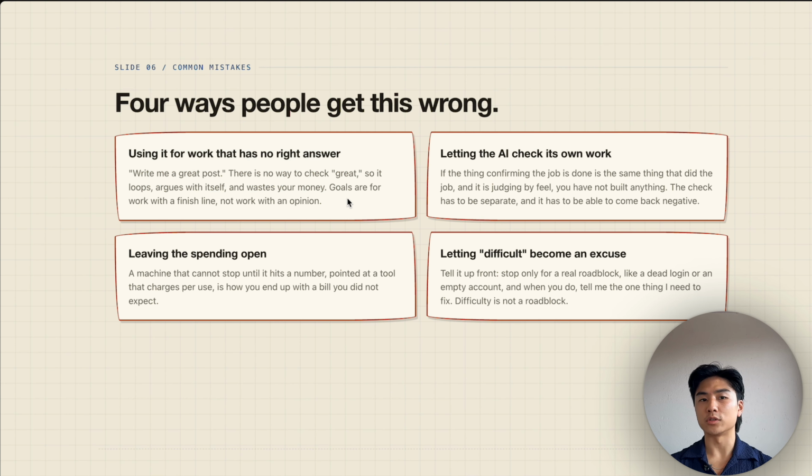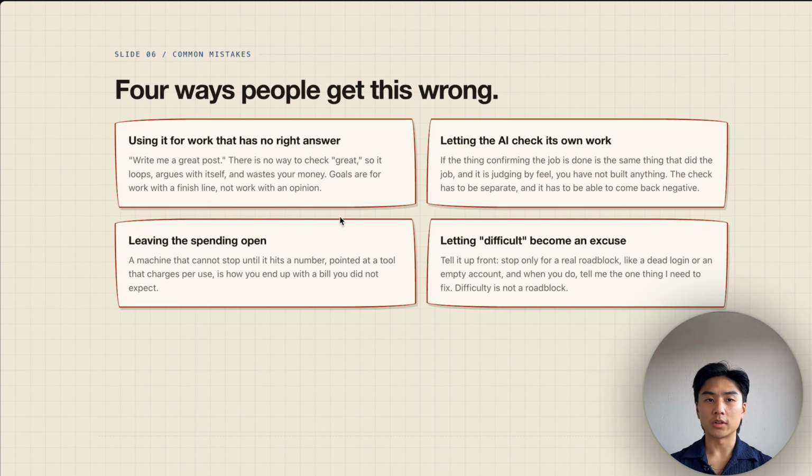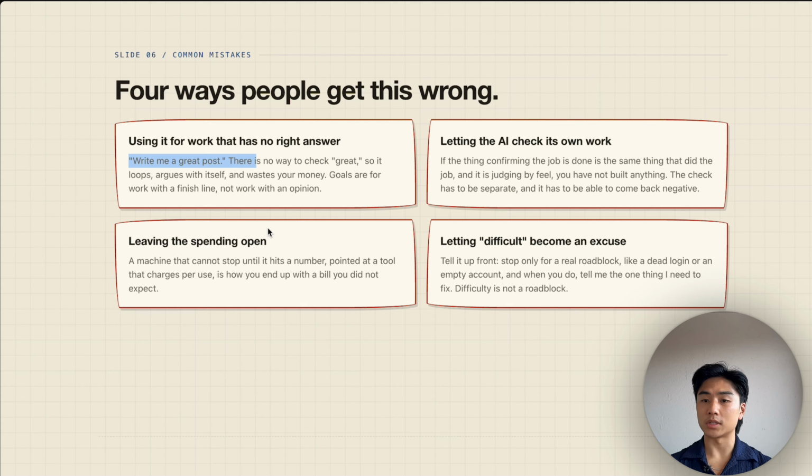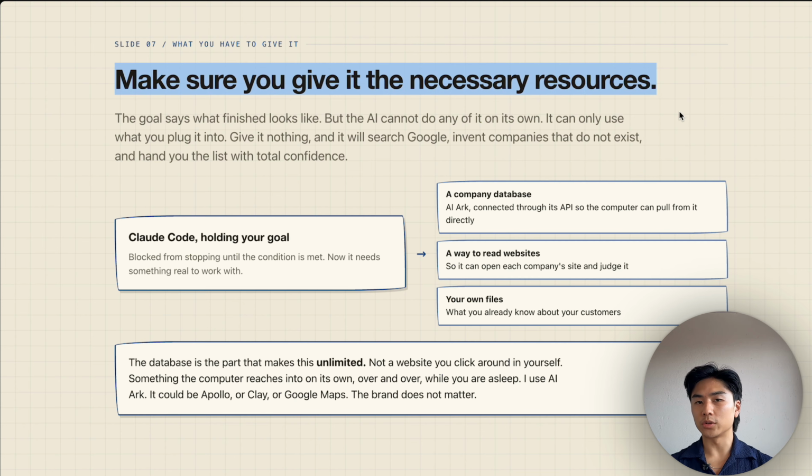That's the biggest thing, is using it for work that has no right answer. Writing a great post, not tangible, can't make that a goal, unless you have a clear definition of what a great post is. Maybe it's 75 words, it has 4 paragraphs, it references, it has these words, etc. So what I just told you here is make sure that you give it the necessary resources.